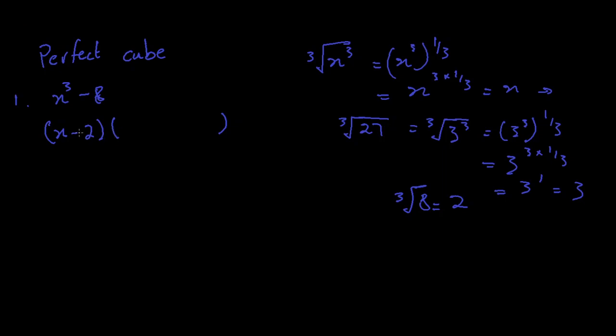Okay, then from here, listen carefully. For the first term in your bigger bracket, you're going to square the first term, so it's going to be x squared. Then this second step is vital.